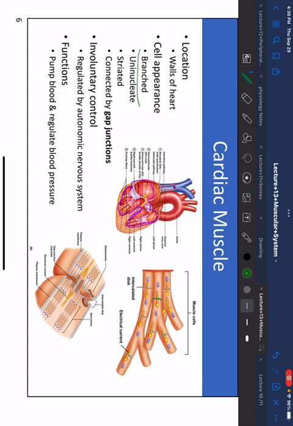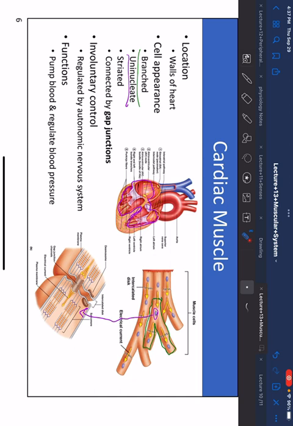And unlike the skeletal muscle fibers, these cells just have one nucleus within them. And when you look at them underneath the light microscope, you'll also see stripes within them due to the arrangement of proteins inside, where you'll have these darker regions and lighter regions.